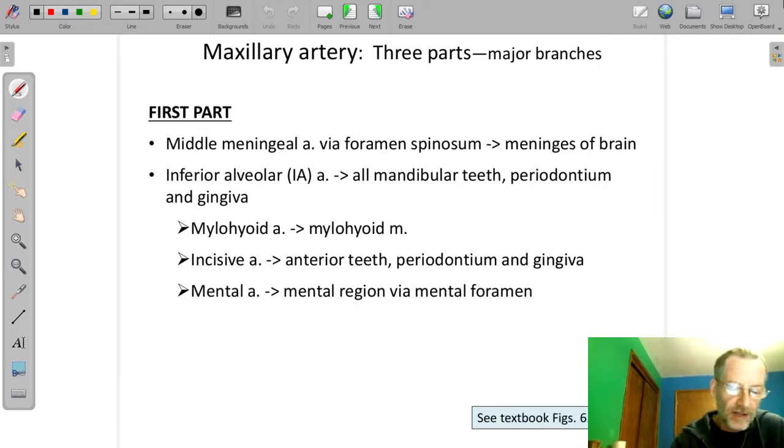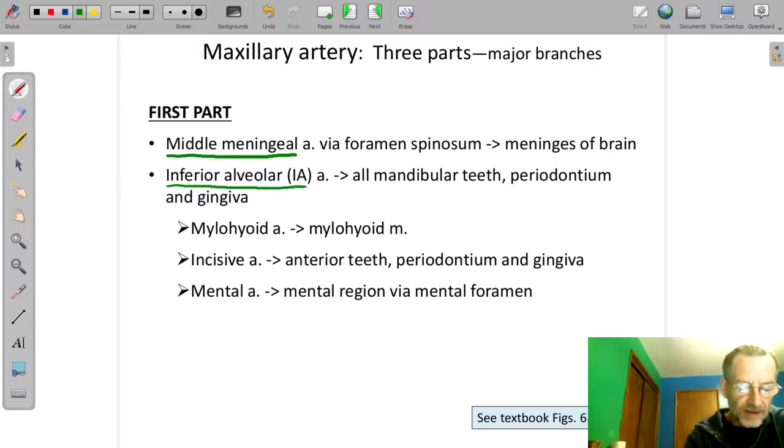So the first part has the middle meningeal artery. These are the major branches. The middle meningeal, you remember, goes through the foramen spinosum and feeds the meninges of the brain. And then we have the inferior alveolar artery, or the IA, which supplies all of the mandibular teeth, all of the mandibular periodontium and gingiva of those teeth.